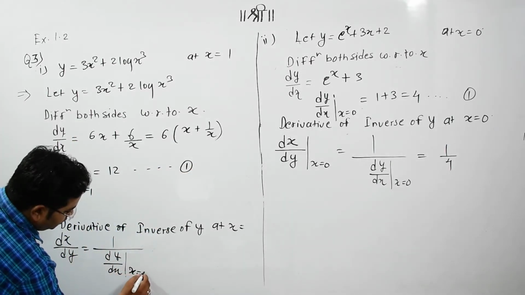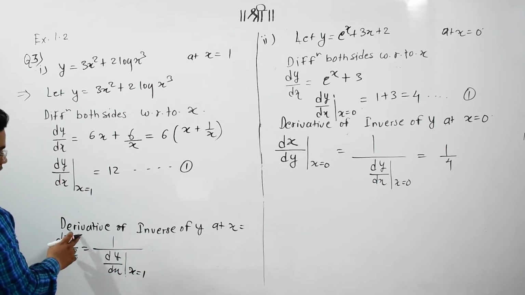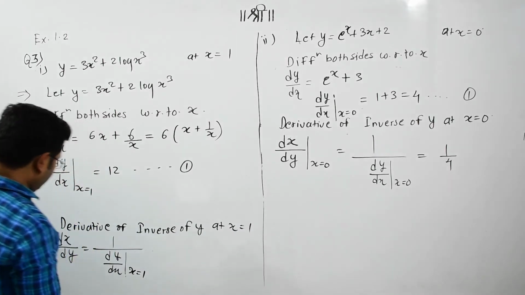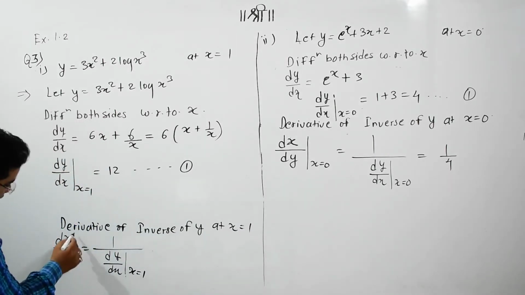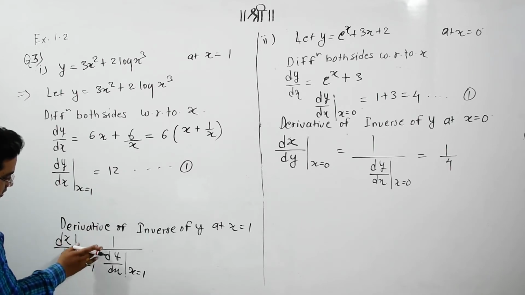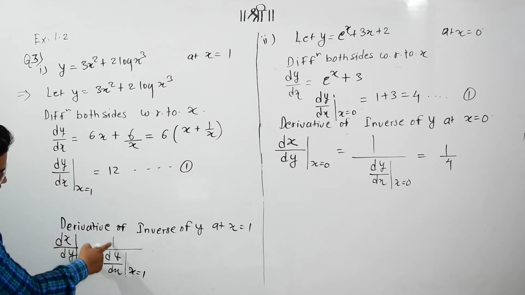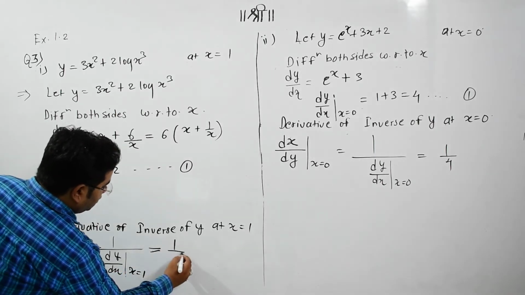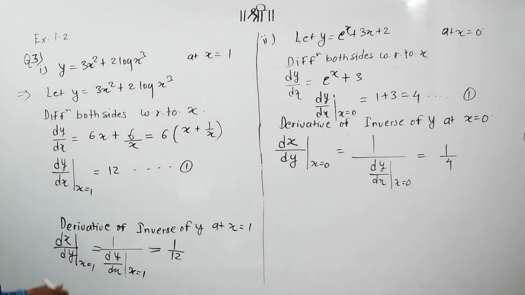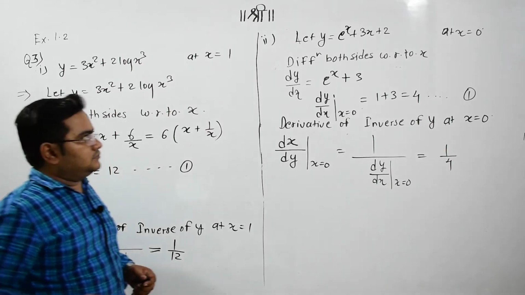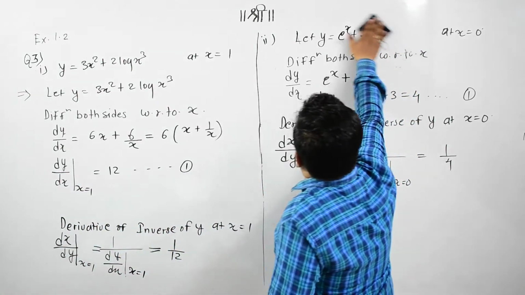So at x equal to 1, the derivative of the inverse of y at x equal to 1 is equal to 1 upon dy upon dx at x equal to 1, which is equal to 1 upon 12. That's it. Just check the answer whether we are correct or wrong. Yes, we are correct.